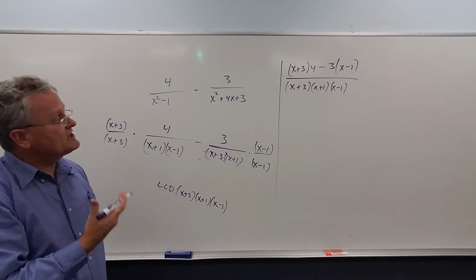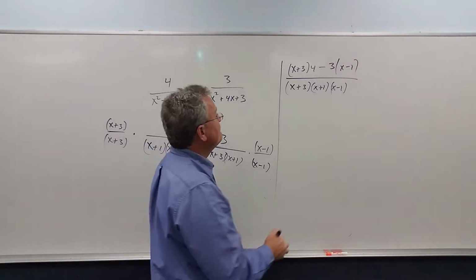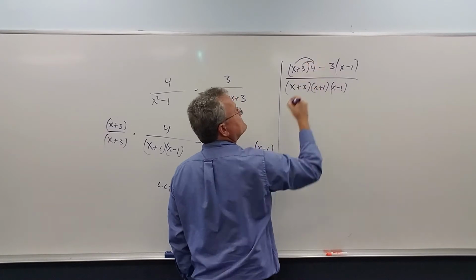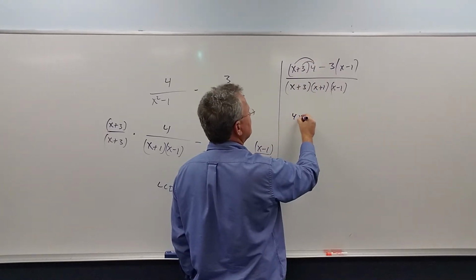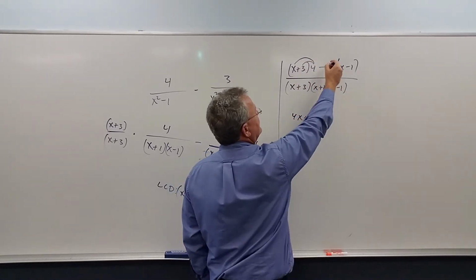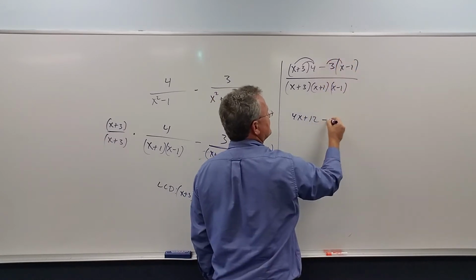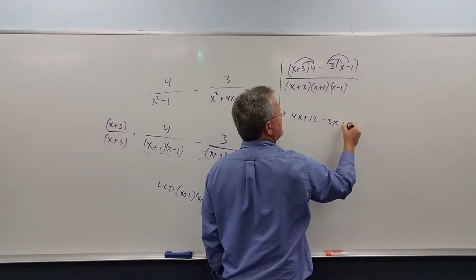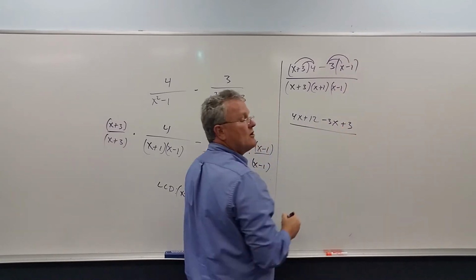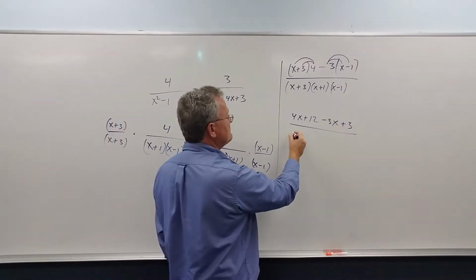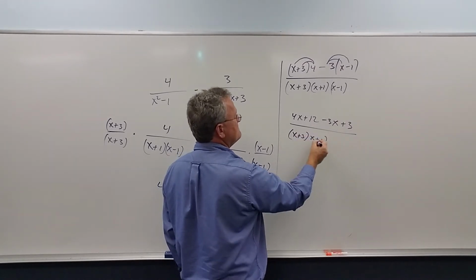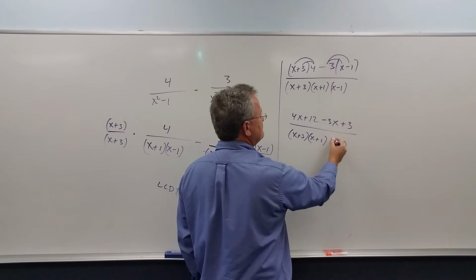And now we just have to simplify the numerator. Distributing, we get 4x plus 12. Negative 3 times x is negative 3x. Negative 3 times negative 1 is positive 3. Over our common denominator of x plus 3, x plus 1, x minus 1.